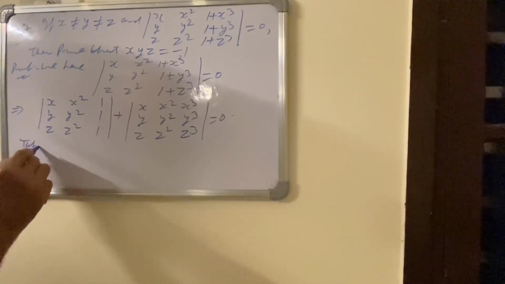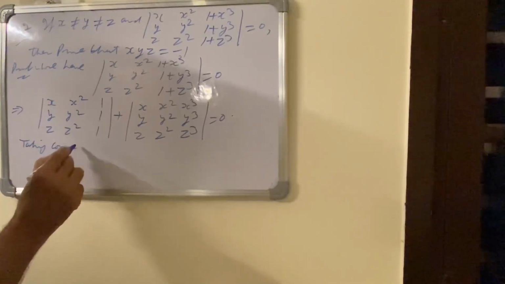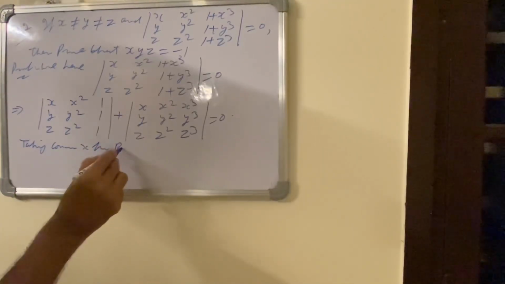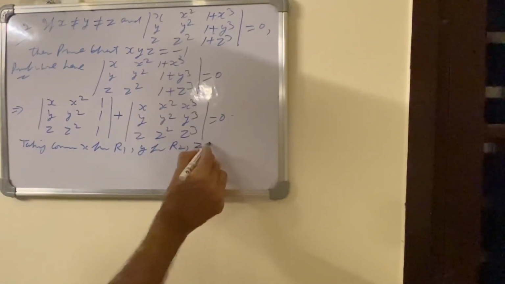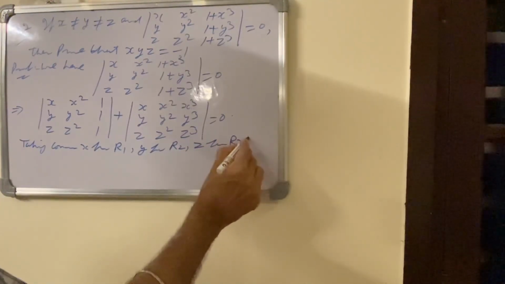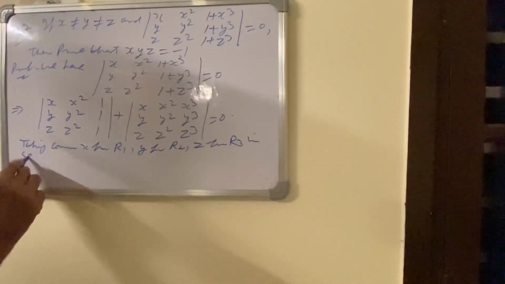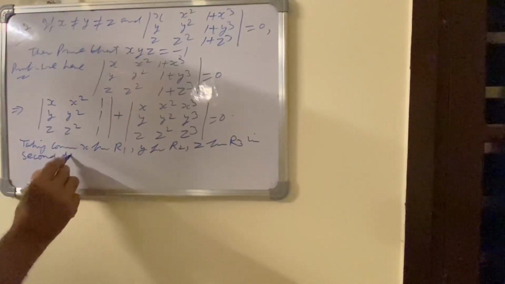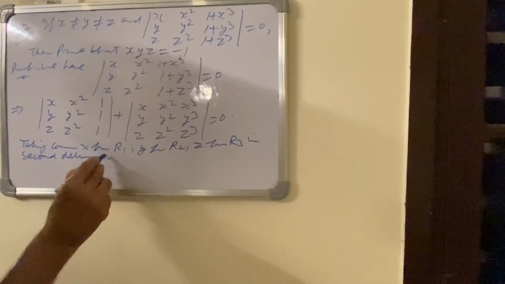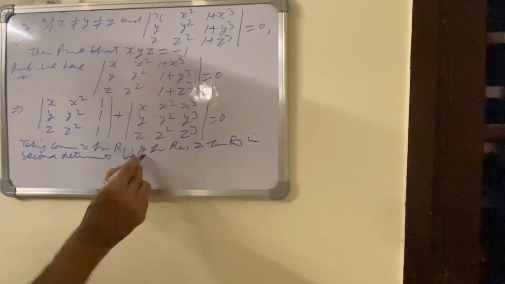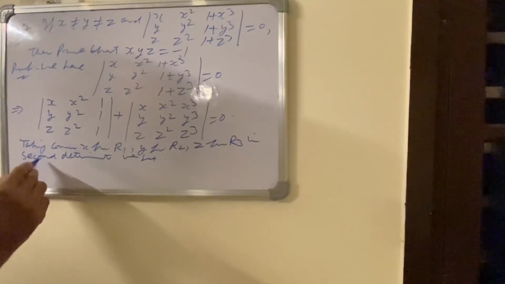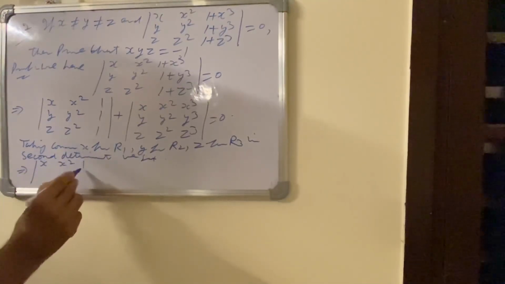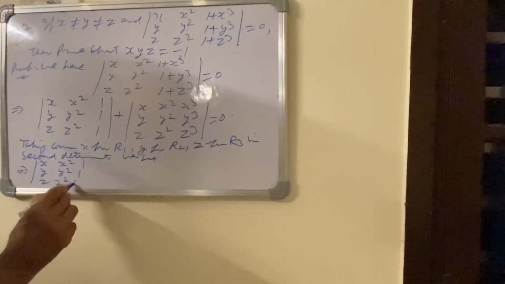Taking common x from row R1, y from row R2, z from row R3 in the second determinant, so we get the first determinant as it is, x, x square, 1, y, y square, 1, z, z square, 1.